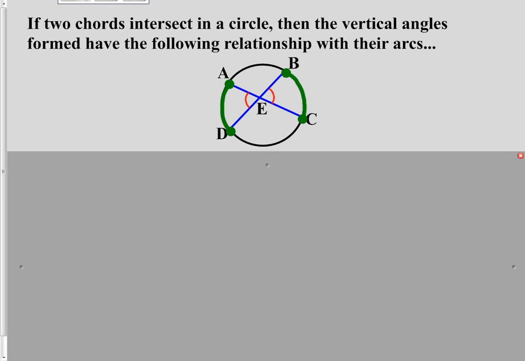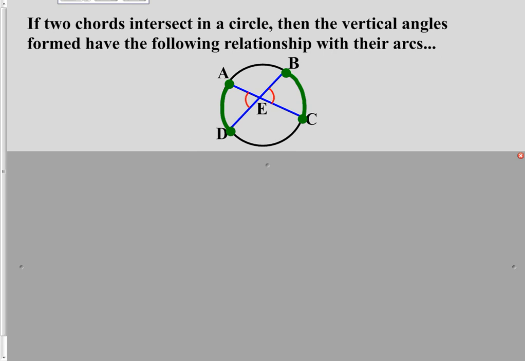In this situation, we have two chords, chord AC and chord BD, and they are intersecting at point E. Now at the intersection, point E, obviously there are two different sets of vertical angles that are formed.